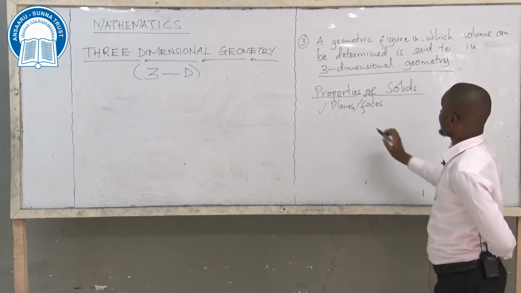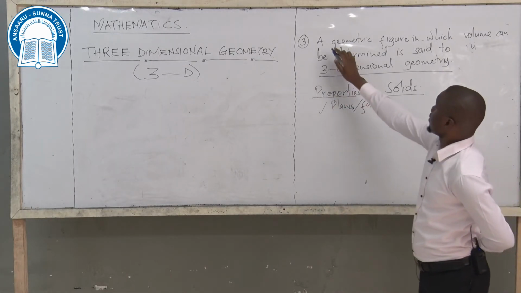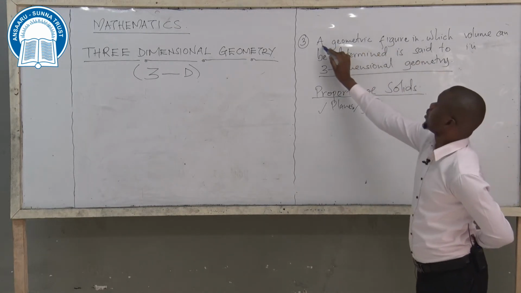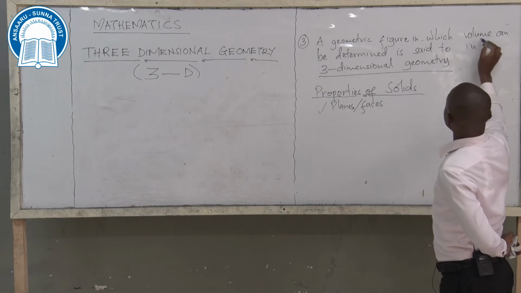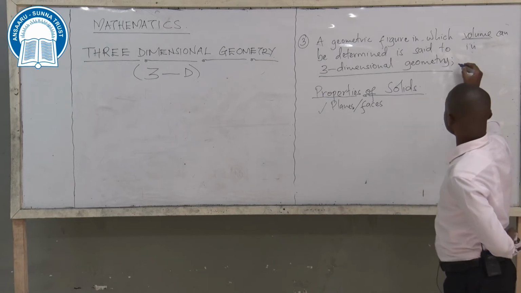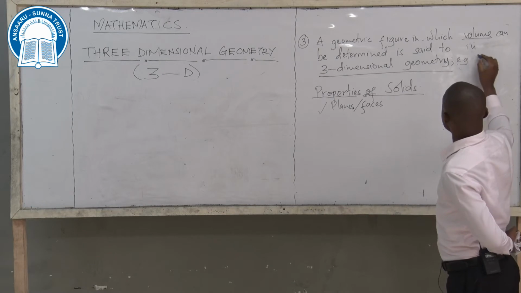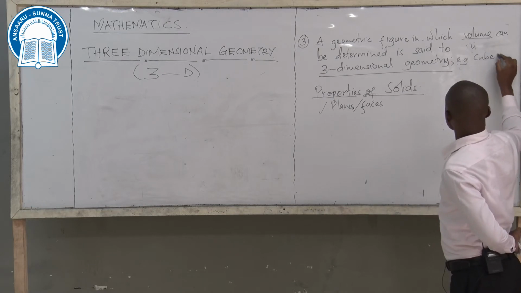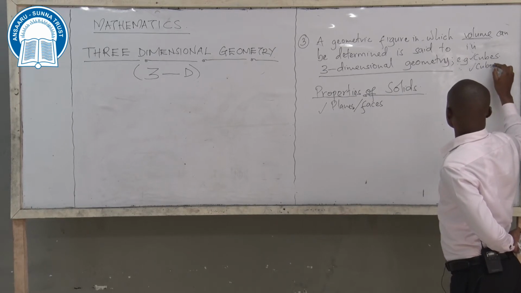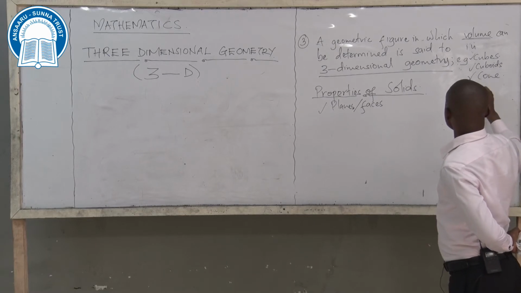Before I go there, I've just said that when you're talking about three-dimensional geometry, we are referring to geometric figures in which volume can be determined. And maybe you're wondering, I've not given examples here. The examples should be cubes, cuboids, a cone, a cylinder.